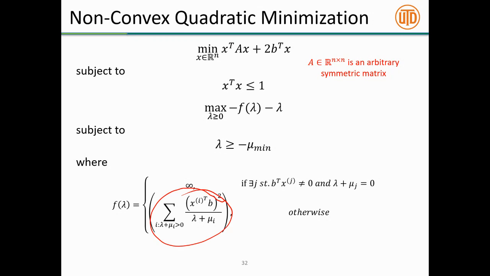Plug it in, it's convex, but when you plug it in, it's the negative of that, so we get a concave function. As a result, in the dual formulation, we're just minimizing minus f of lambda minus lambda, subject to the constraint that lambda has to be greater than or equal to minus mu min. So lambda has to be at least as large as the negative of the smallest eigenvalue of the matrix A.